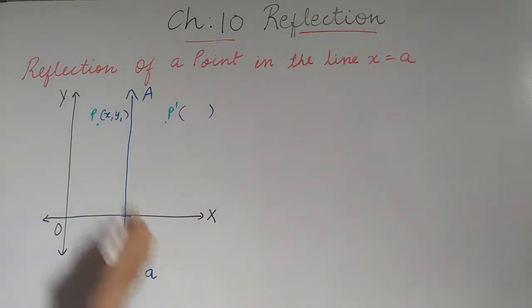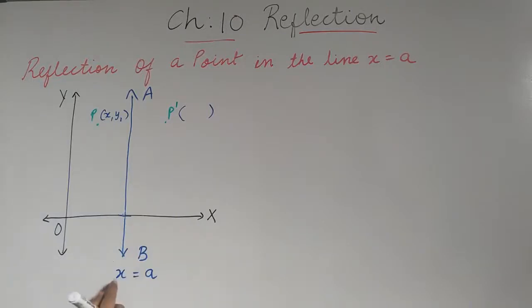We give the name x equal to a to this line AB because it is intersecting the x-axis at some point, and this whole distance must be a. Because this is our line x equal to a, the distance is a.